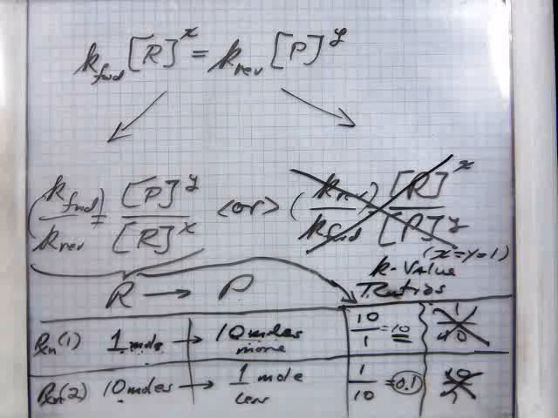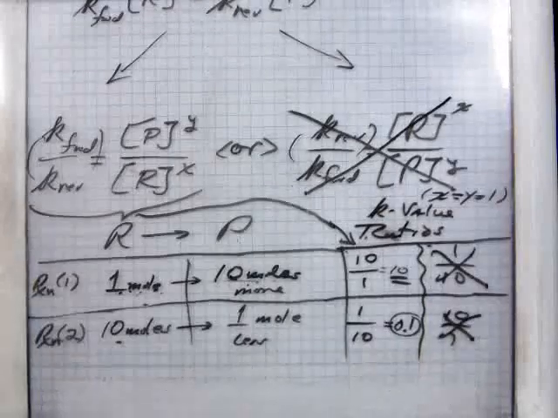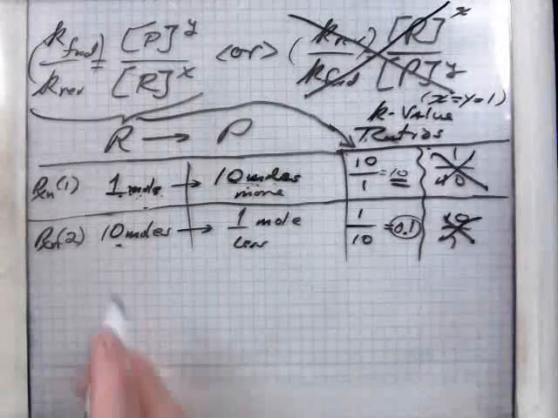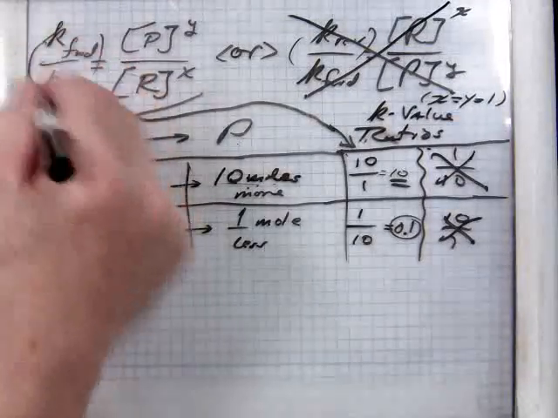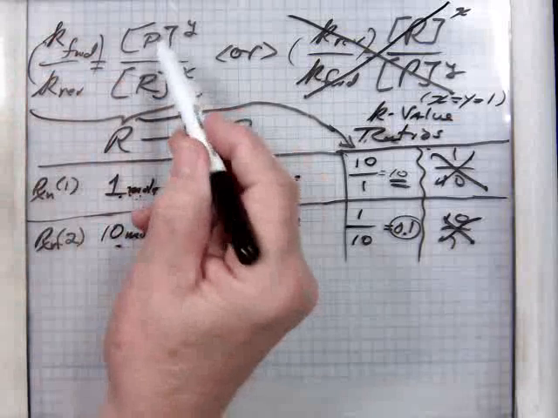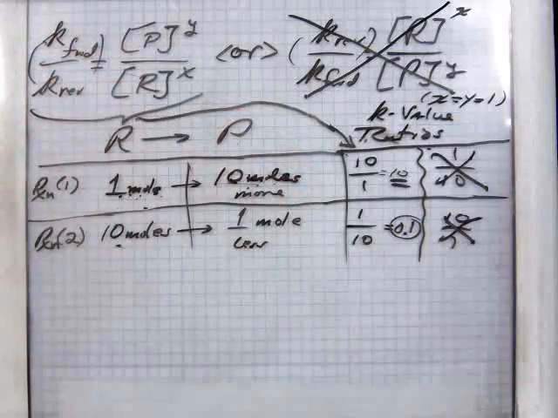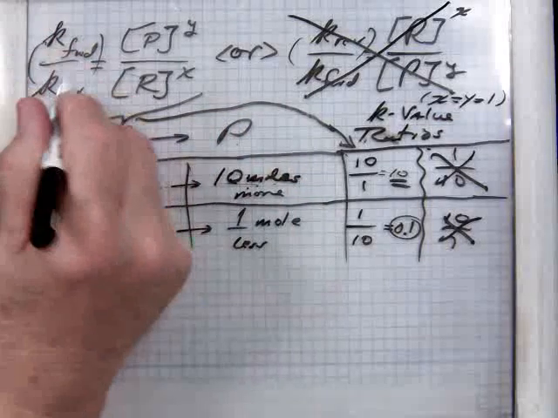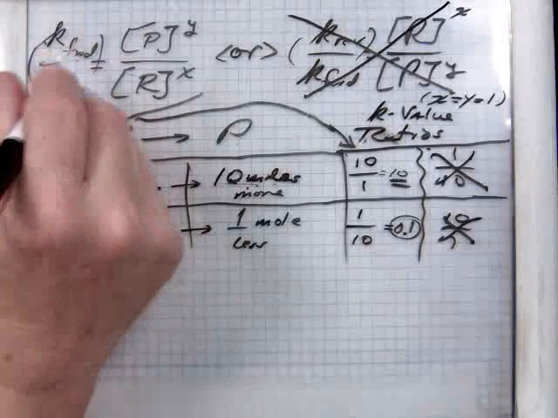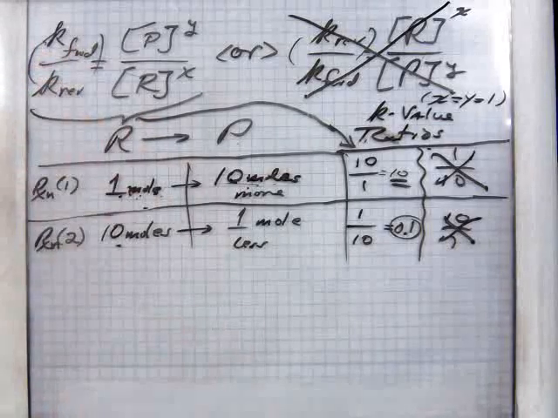And I'll show you the issue. Well, this ratio, which is products over reactants, will in fact give you increasing numbers for increasing yields. We change this ratio into a K value, capital K value, called the equilibrium constant.